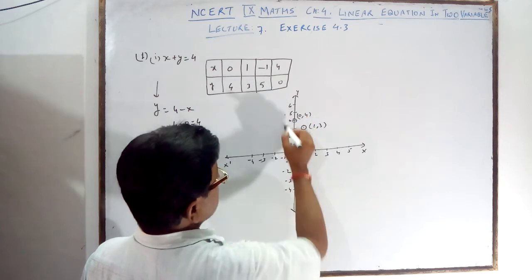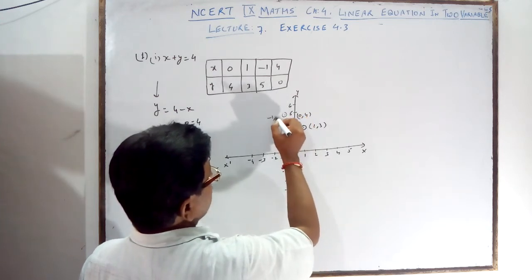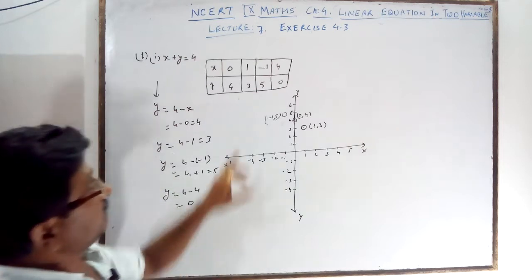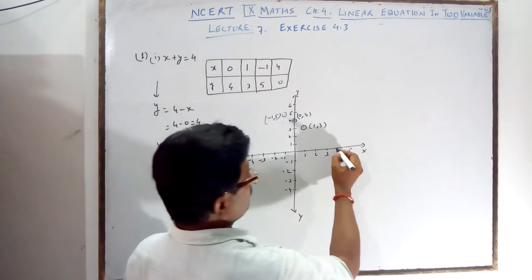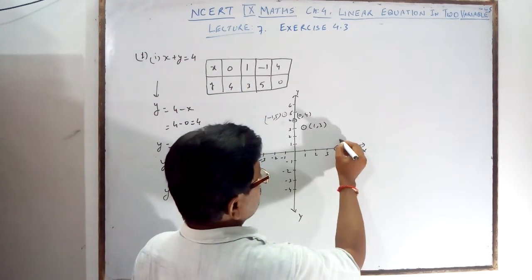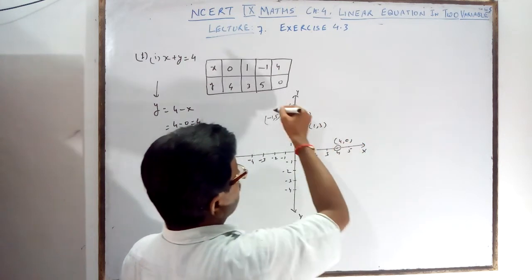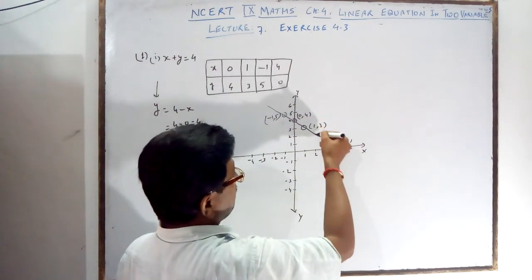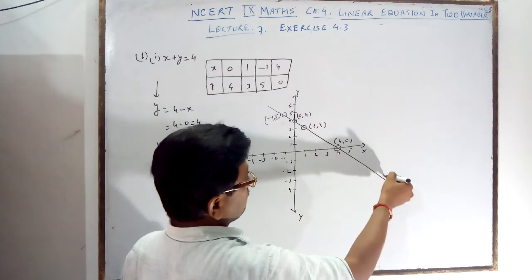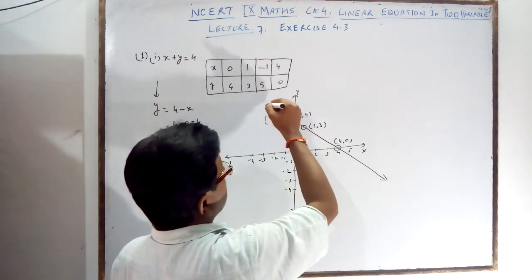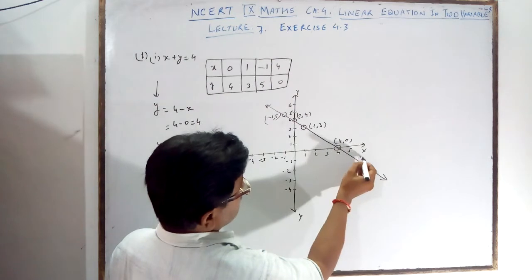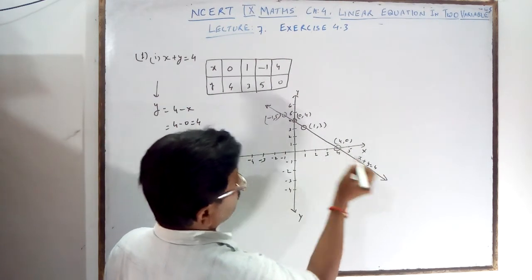And then you get (4, 0). When you plot these and draw a line, you get a straight line. Draw it with a scale, and here write x + y = 4.